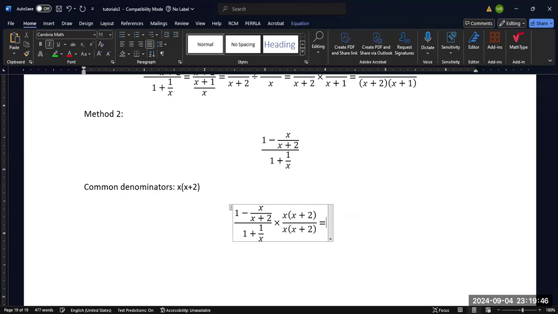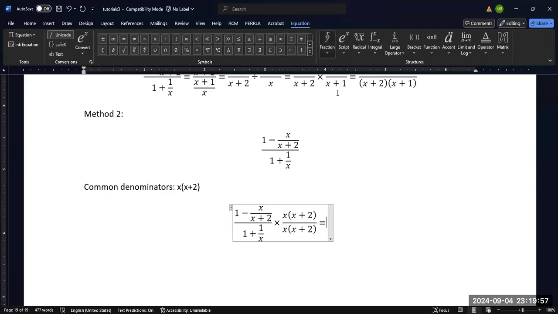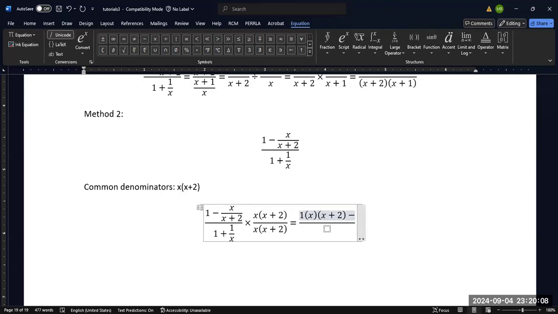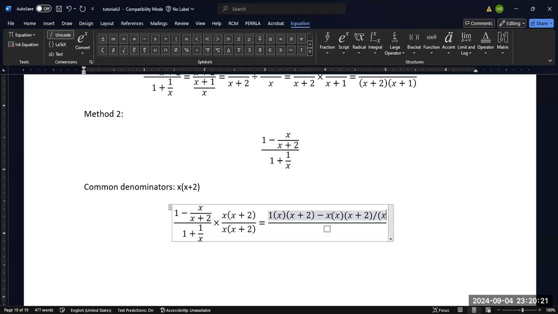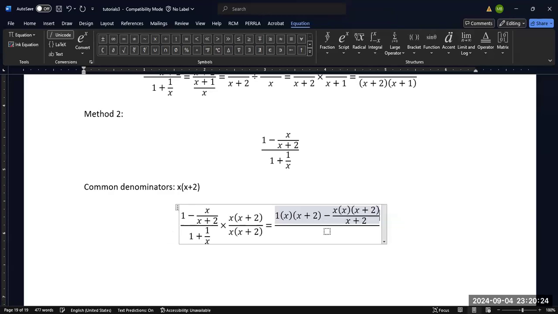Now, this means that I'm going to distribute the x times x plus 2 through both the numerator and the denominator. So in the numerator, when I distribute this, I'm going to get 1 times x plus 2 minus x times x plus 2 divided by x plus 2, which was already there.